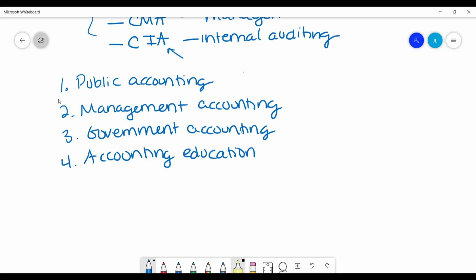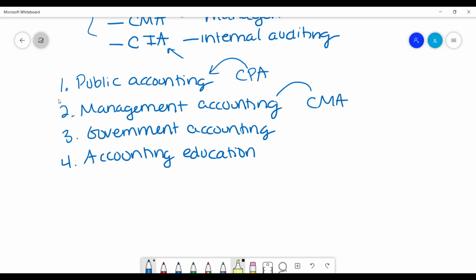So CPAs, okay, this is not the only thing involved with public accounting, but for example, a CPA would be considered part of the public accounting profession. A CMA would be considered to be part of the management accounting profession.